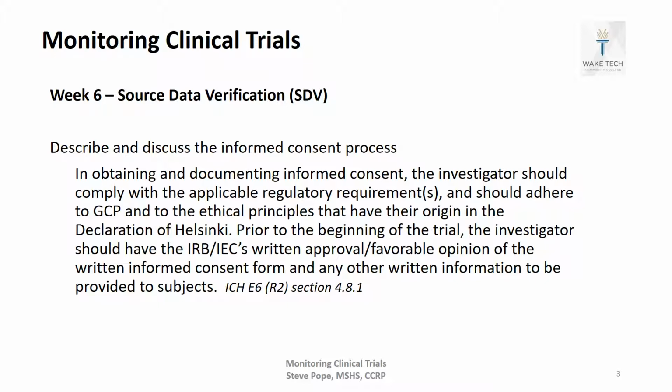The important thing here is to understand what that process is, that it's not simply a subject's signature on the informed consent form, but that there's been a specific process followed and documented by the investigator and by the site staff that adequately explains that that subject was properly consented to be in the trial, and that consent process occurred before any trial-related activities were performed.